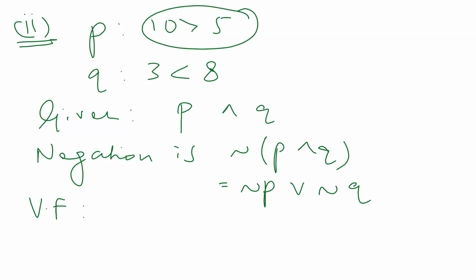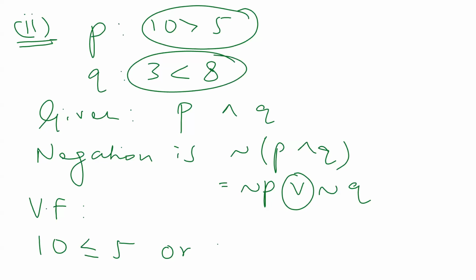Negation P, इसका opposite. 10 is less than or equal to 5, और इसका opposite. 3 is greater than or equal to 8.